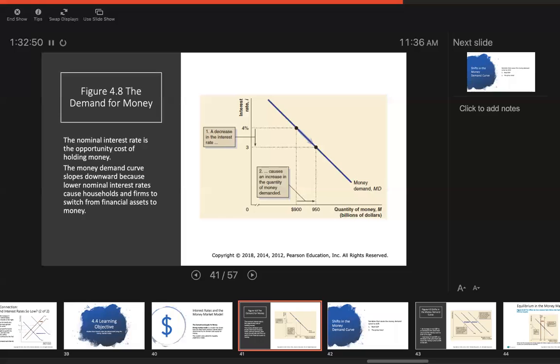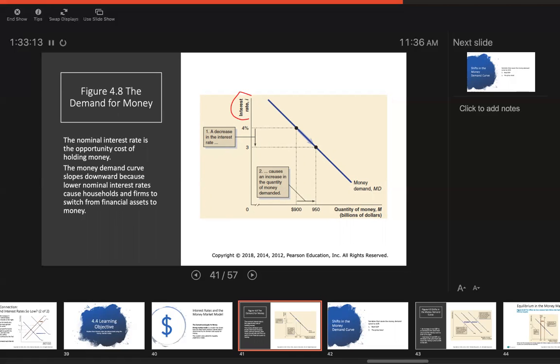On the x-axis in the money market model, we look at the quantity of money. That's straightforward. On the y-axis, what is usually on the y-axis in these supply and demand models is the price.